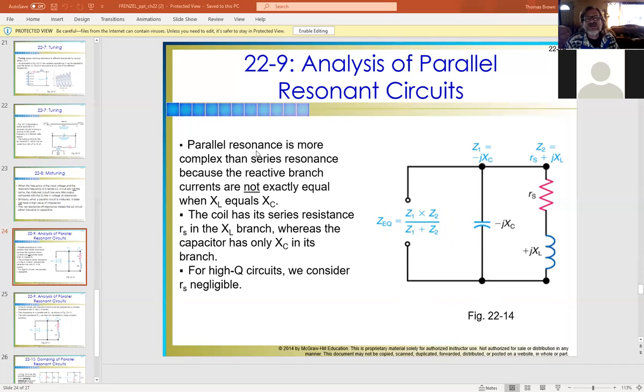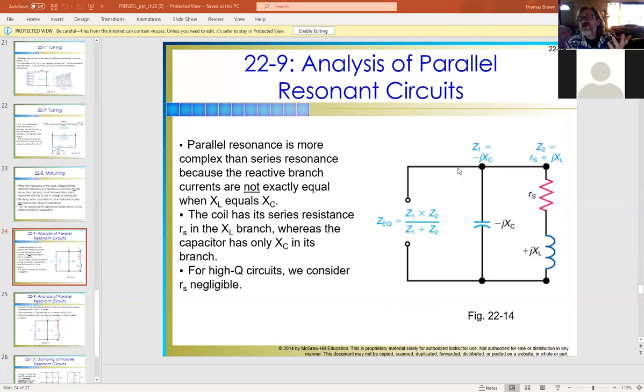Parallel resonance is much more complex than series resonance. It is, because the reactive branch currents are not exactly equal when X of L equals X of C. So even though we've set these factors to equal one another, as far as the current split, because current is going to split, right?